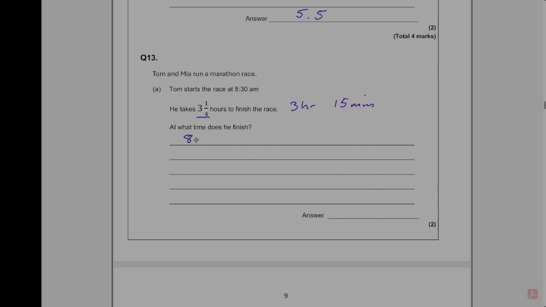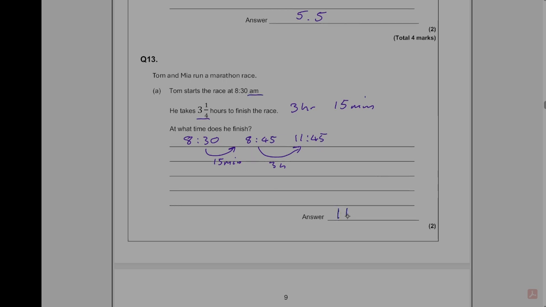So if I start at 8:30 and add on 15 minutes, that would take me to 8:45. And then if I add on 3 hours, 8 plus 3 is going to be 11:45. And we'll put it in AM, so 11:45 AM.